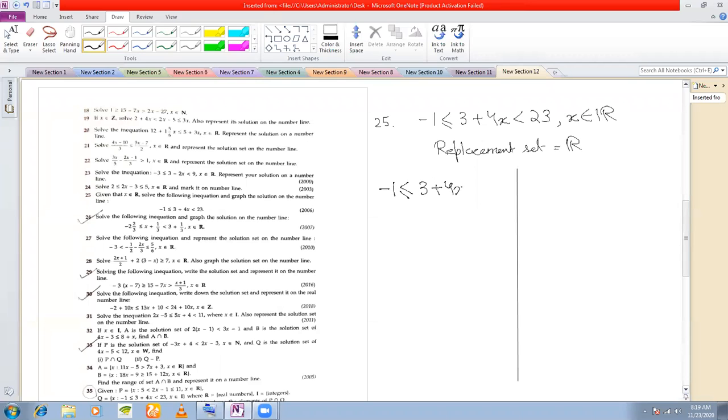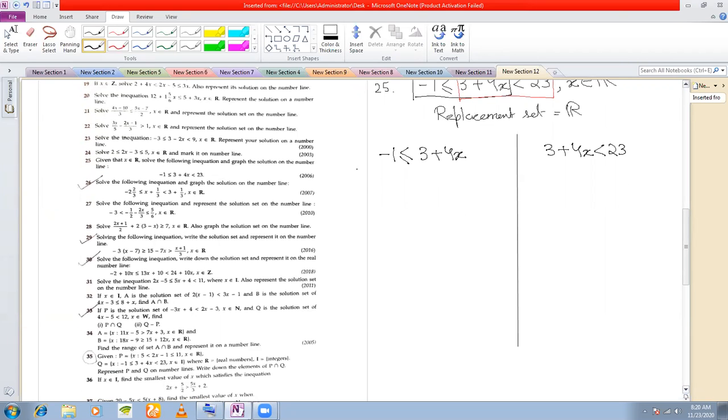And the second inequality is 3 plus 4x less than 23. Now we are going to solve these two inequalities.